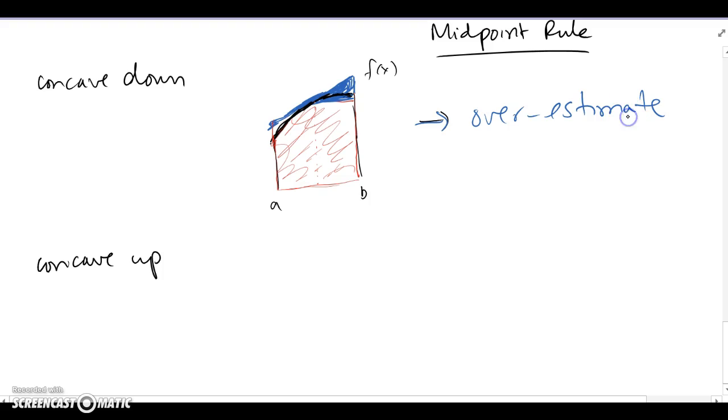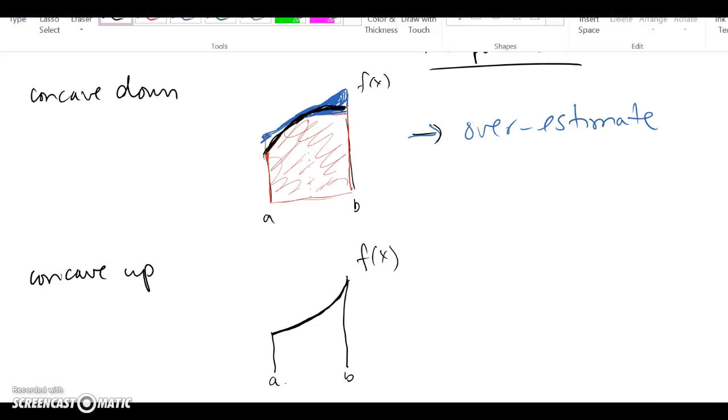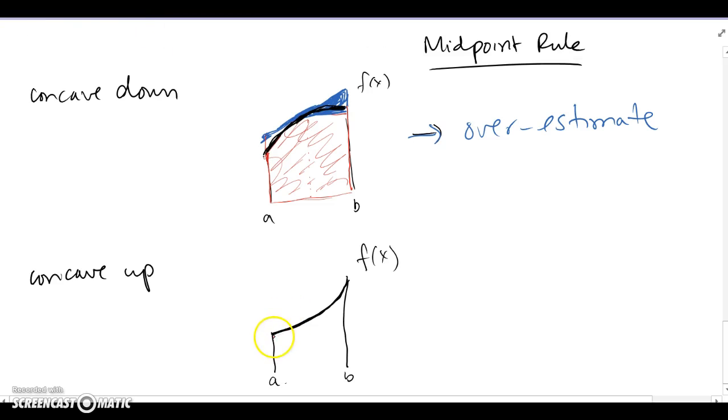So the midpoint rule for concave down curves is actually an overestimate. Similarly, we can see the same thing for a concave up curve. So we're going to go look at this concave up function. We're going to look at one giant interval of approximating using the midpoint.